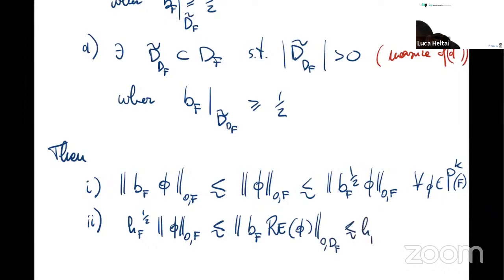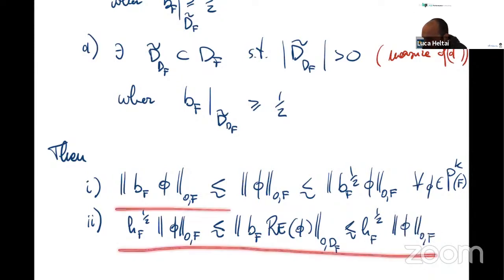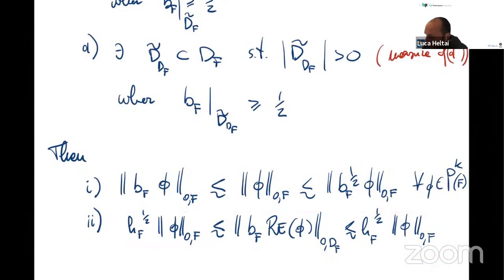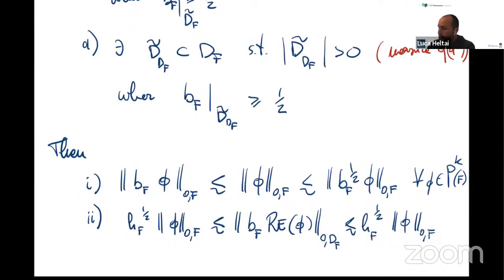And again, we have hF to the power 1/2 of phi on F. And this is the important part. What we want to do here is if you pre and post multiply by a bubble function, then you can control the L2 norm on the face by scaling with hF to the power 1/2 with the lifting of that function. And the lifting of that function is simply the replication of the function across DF, and then hF to the power 1/2 on the norm phi on F.